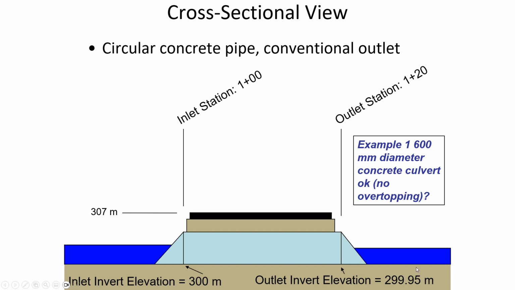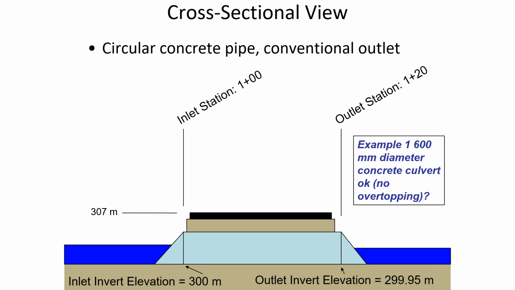The slope of the culvert is defined by the difference in elevation and the difference in station. The inlet station of the culvert is 100, the outlet is 120. So the delta Z divided by the culvert length gives us the slope of the culvert. In this case, the difference in elevation is 0.05 meters, and the length of the culvert is 20 meters.